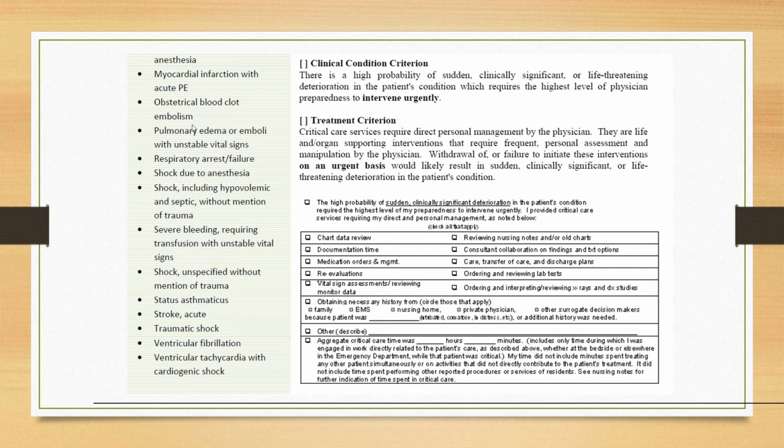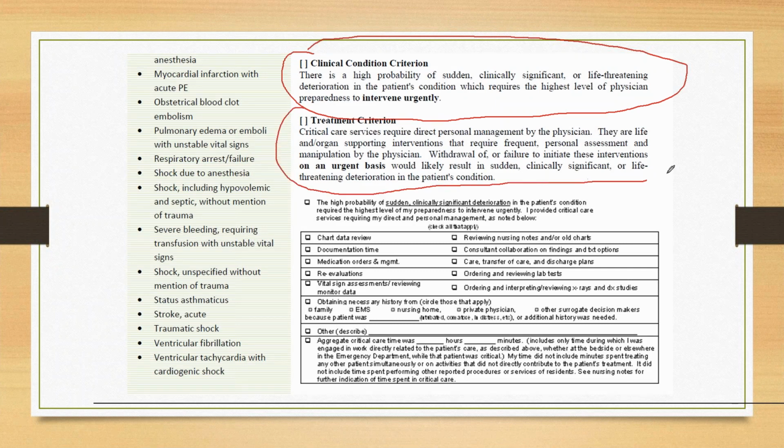And then down here, we're going to see this later on. CMS has the two criteria. It has the clinical condition, but it also has the treatment criteria. So you have to meet both of these criteria in order to bill critical care.